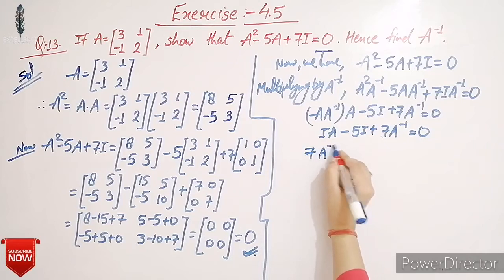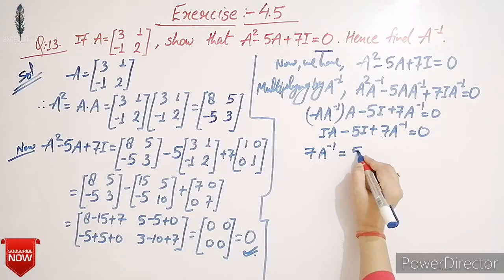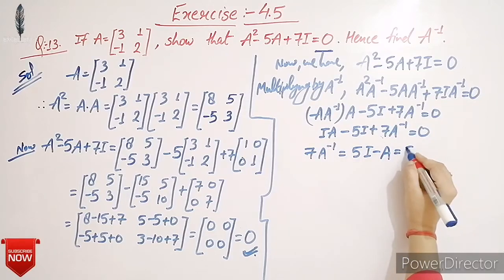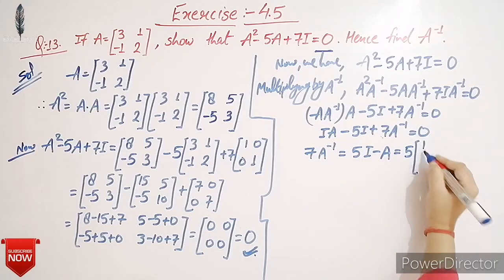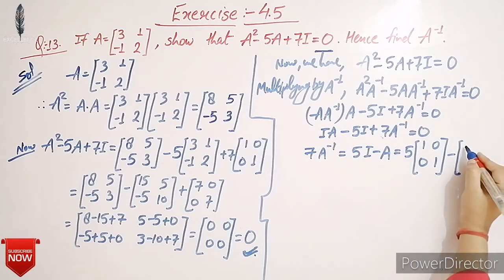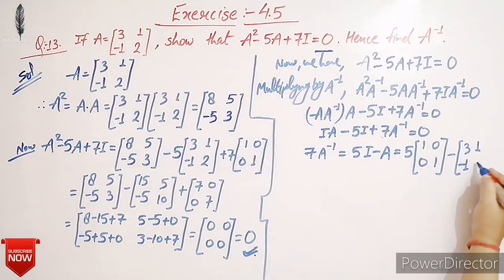So here we have 7A inverse equals 5I − A, that equals 5 times the value of I, that is [1, 0; 0, 1], minus A, that is [3, -1; 1, 2].